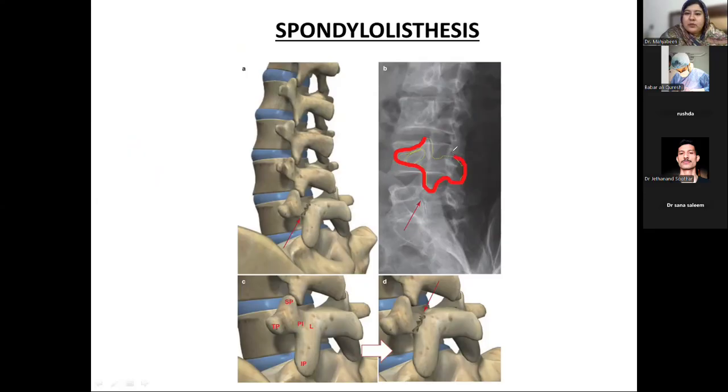Normally the Scotty dog is fine and happy, but if there is a fracture of the neck of the Scotty dog, that is the pars interarticularis, right? You broke its neck, so that will cause spondylolisthesis.